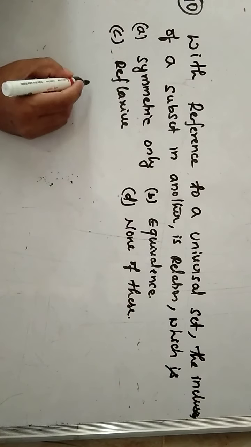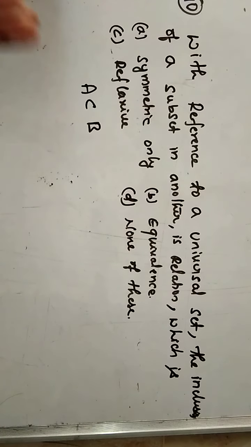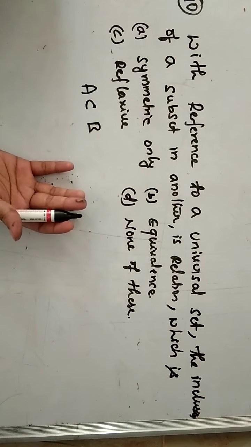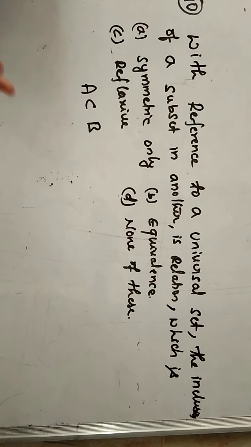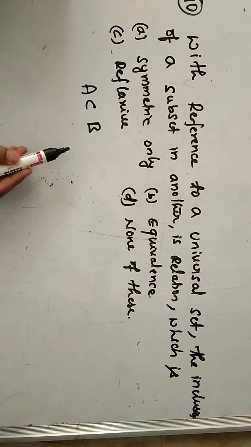It means that each set is a subset of another. One set is a subset of another set. Now we have to show whether this relation, the inclusion of a subset in another, is symmetric, equivalence, reflexive, or none of these.